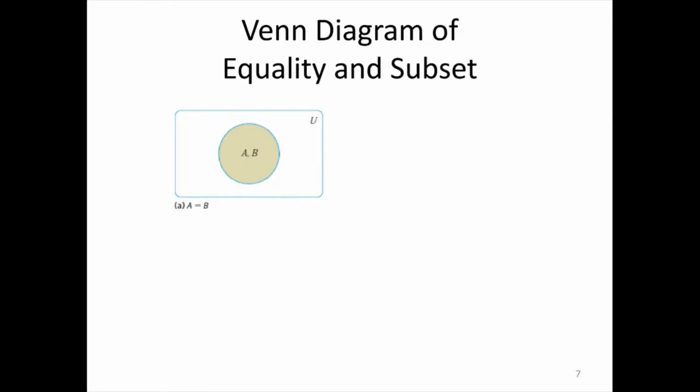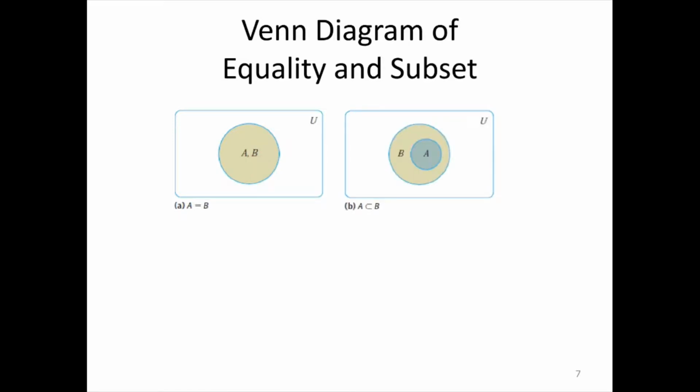So this is an example of a Venn diagram. The first one is if we have A equal to B. Here the white area, everything, is the universal set, and then A equal to B is the set here, which is a subset of the universal set.